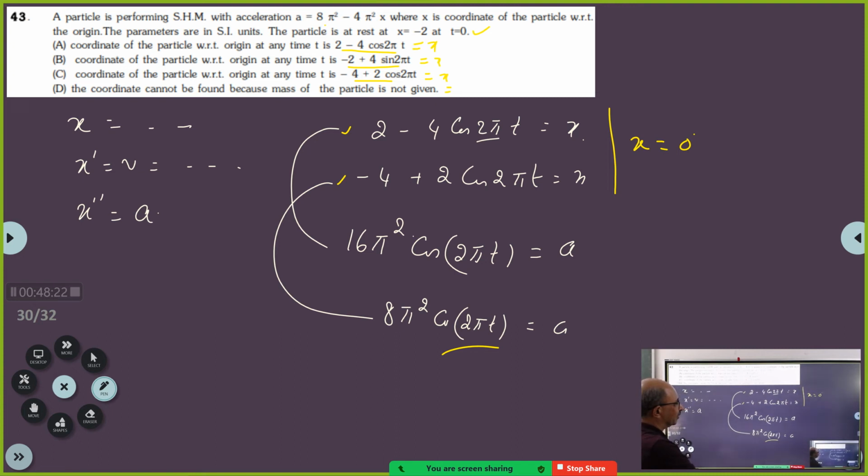Sir, they have given that at t equal to 0, x equal to minus 2. If we substitute x equal to minus 2 in the acceleration equation, we will get acceleration as 0. So, option D will hold. No, man. If you substitute t equal to 0 in option B, we will get x equal to minus 1.